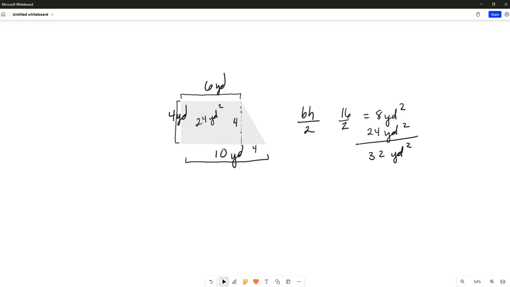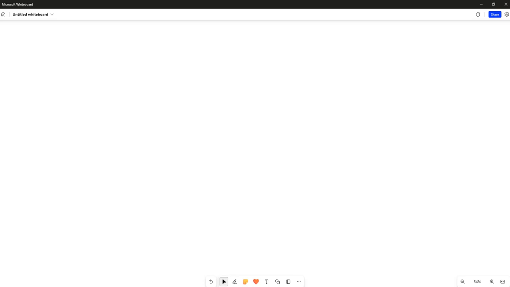All right, moving on to area of a circle. Okay, the area of a circle is pi times radius squared. So here's my circle. And the radius is the distance from the center of the circle to any point on that circle's outer edge.